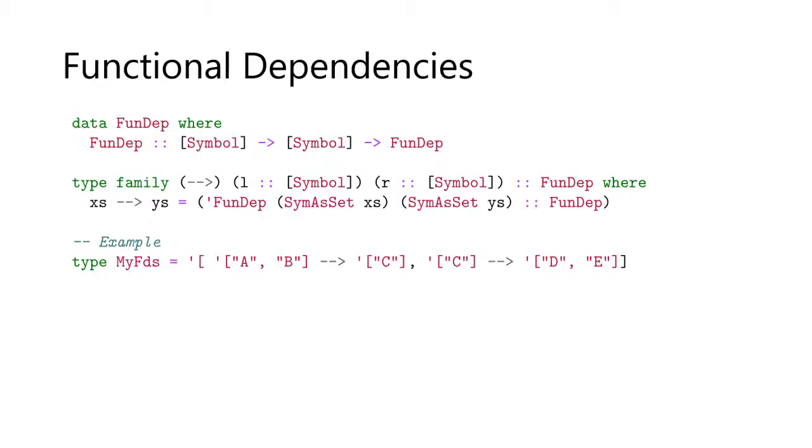Functional dependencies are defined as a data type, and the constructor takes two lists of symbols. We also define the infix arrow operator, which sanitizes the data by removing duplicates and sorting the columns. An example of defining a functional dependency within Haskell is shown below.